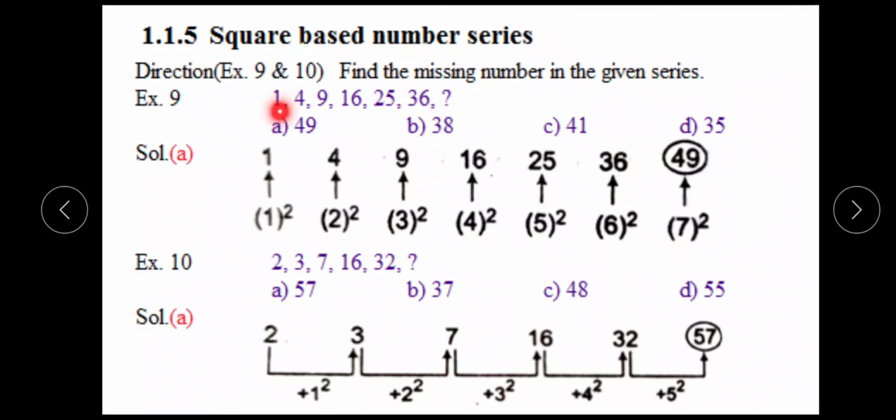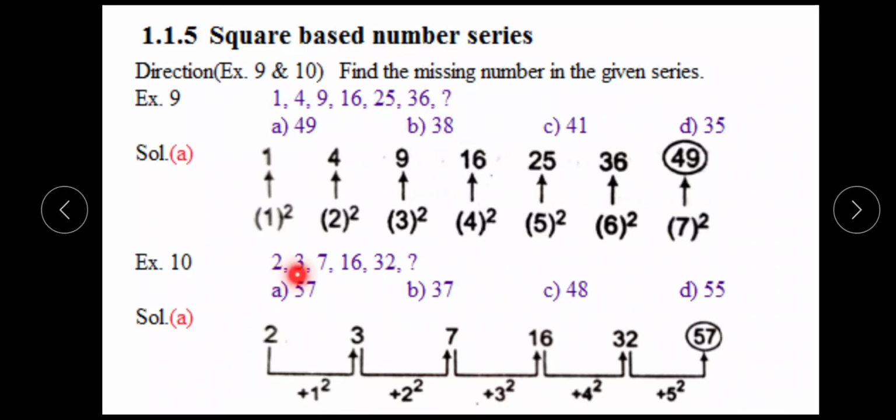What are these values? This is square of 1, square of 2, square of 3, square of 4, square of 5, square of 6. It means the next value will be square of 7, and that will be 49. It means option A is correct.